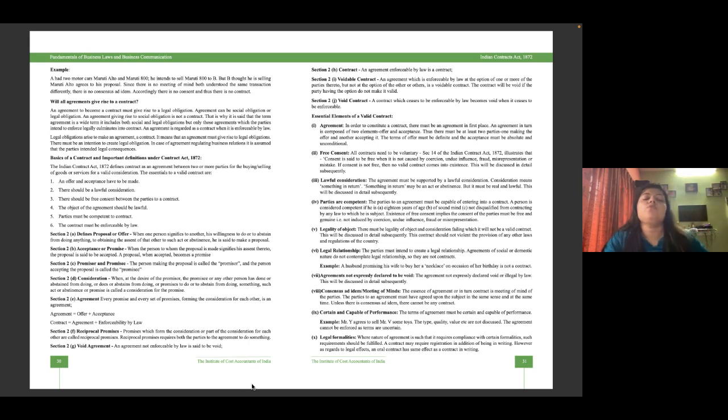Similarly, my promise is going to be a consideration for your promise. So when we are talking about what an agreement is and how an agreement is dealt with, it's basically when an offer meets its corresponding acceptance and there is a particular consideration and an object and a minimum of two parties to it.